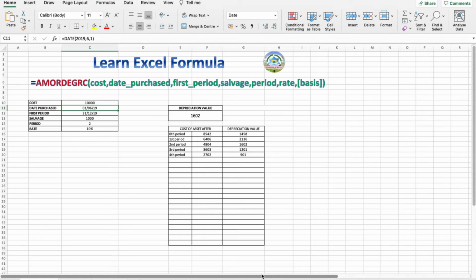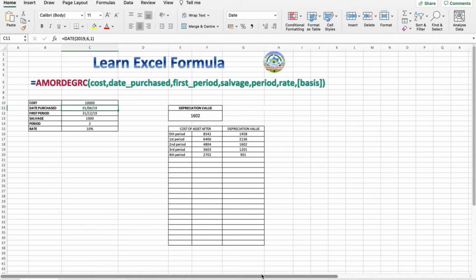For example, I fix the cost as 10,000. It can be dollars or rupees, 10,000 rupees. The second option is date purchased. You have to enter the date purchased.